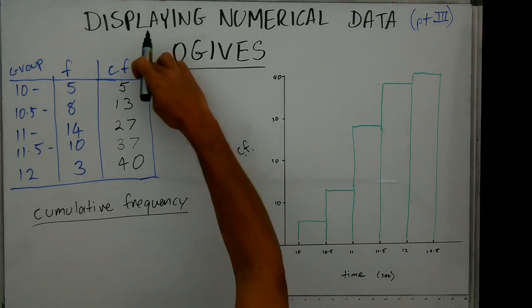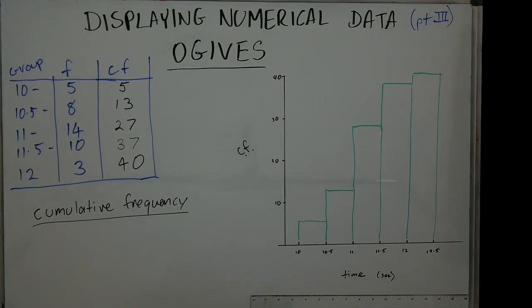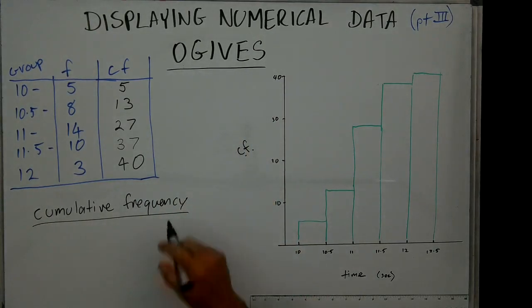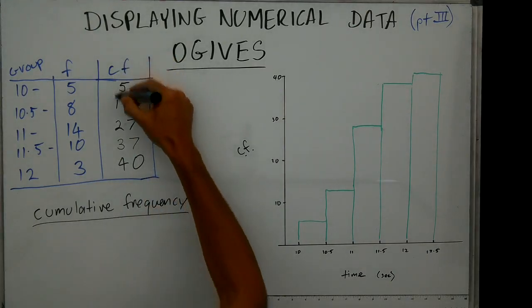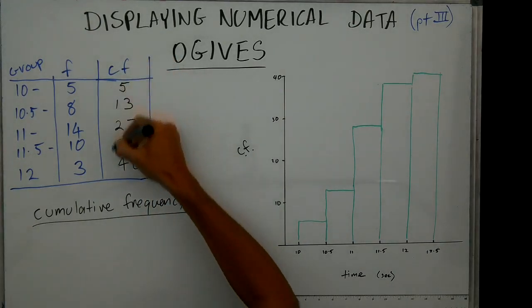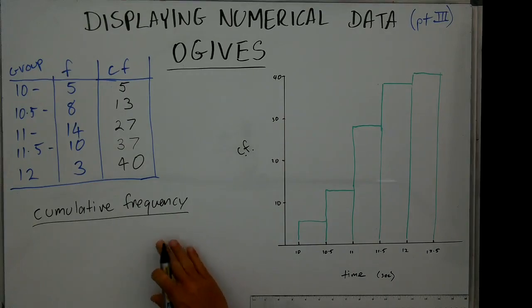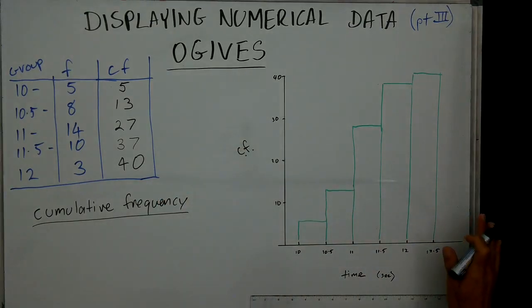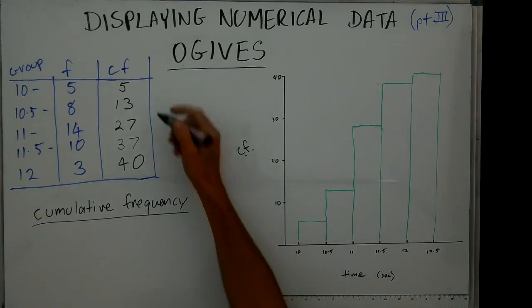So get used to doing this cumulative frequency, because an ogive is essentially a histogram of the cumulative frequency data, but then we use that histogram to create a line graph. I've already sort of set it up. Here is the histogram of this data.